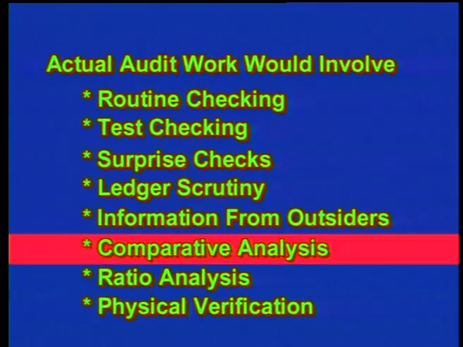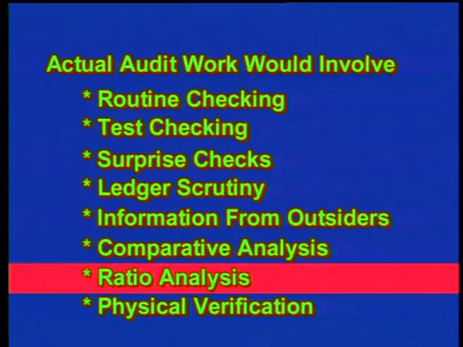Then once all these basic things are done, the auditor will do a comparative analysis. A comparative analysis between 2 years, between 2 quarters or between 2 half years, that will throw up a lot of data on the variances, and then he can again concentrate on areas where there is a lot of variance. Then the next point is ratio analysis.